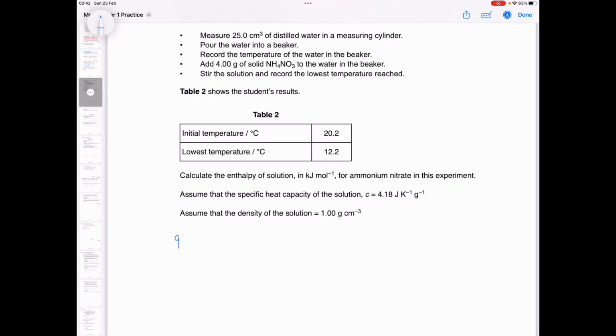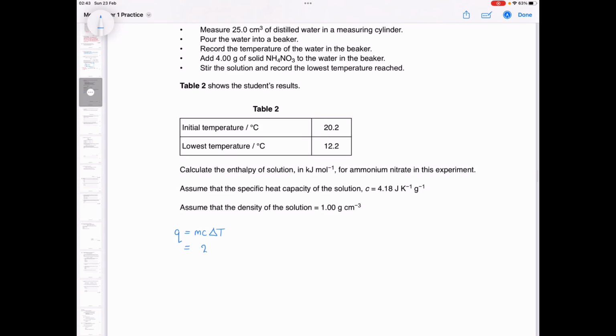So Q equals mc delta T. The mass of water is 25 grams, specific heat capacity 4.18, and the change in temperature is 20.2 minus 12.2.